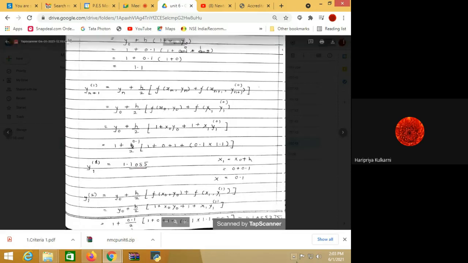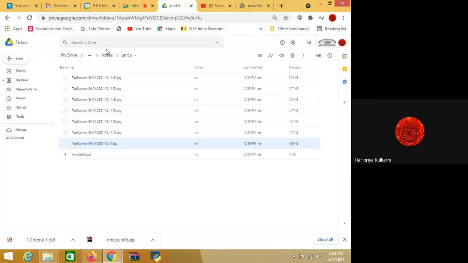So we have to go for the next iteration. Therefore we are trying the second iteration. If we put the values, 1 plus h is 0.1, 1 plus x0 y0, which we take from the initial values, 1 plus x1 y1. So this y1 at the first iteration we have to consider, which is 1.1055. When we put this, our answer comes to 1.10552. So here 1.105, and here also 1.105. So accuracy is matching till the 3 digits, and hence the second iteration is the last iteration for this numerical.